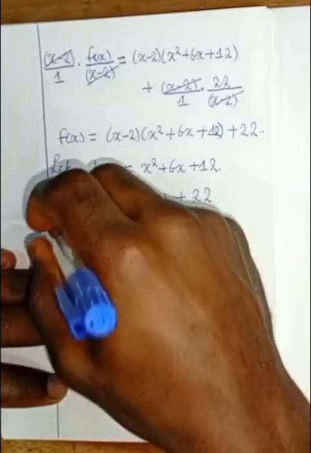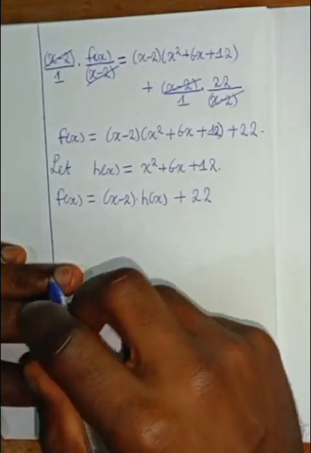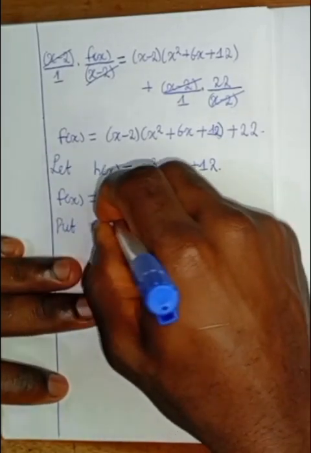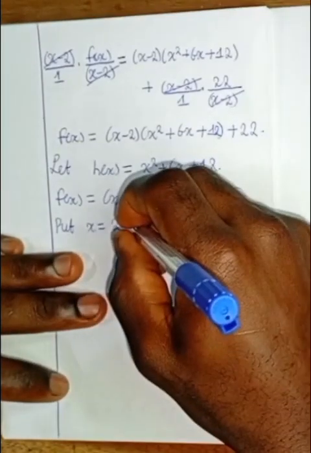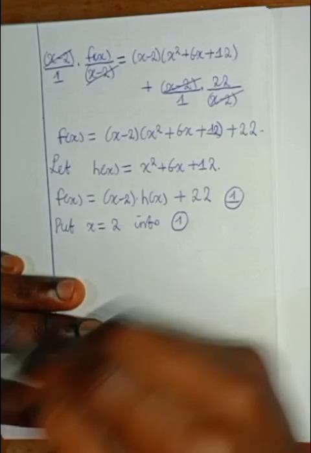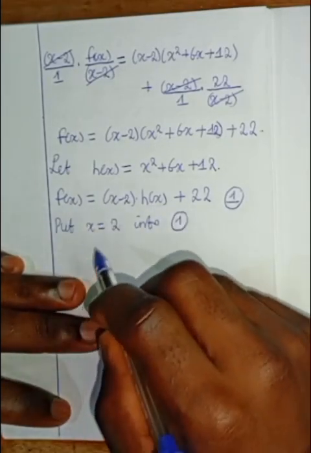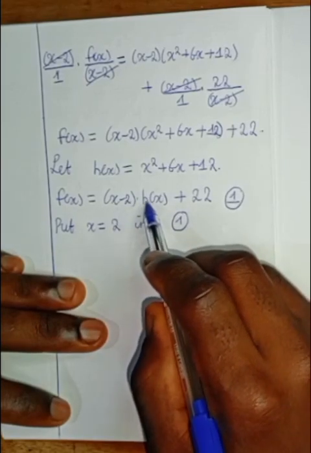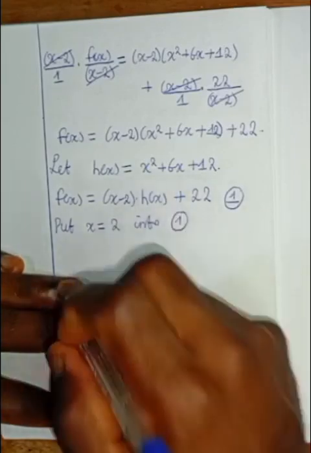At this stage, if we put x equal to 2, we can call this one equation 1, x equal to 2 into 1. The reason why we are putting x equal to 2 is simply because 2 minus 2 gives us 0, and 0 times h of 2 gives us 0, so this term will disappear.